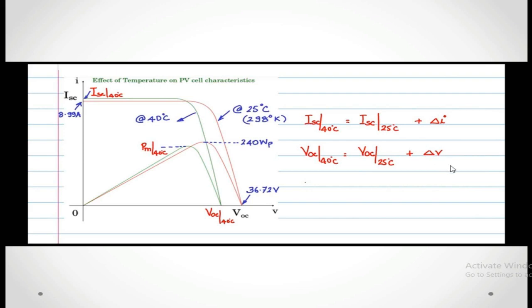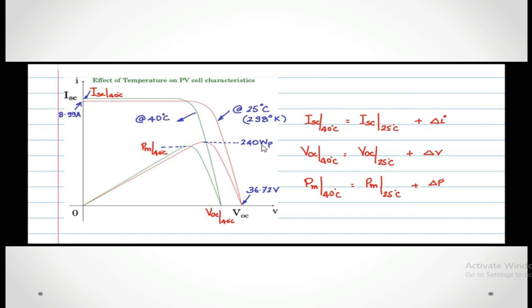Okay. Similarly, the maximum power at 40 degrees centigrade capable of being delivered by the PV cell is maximum power at 25 degrees centigrade plus delta P, which is also a negative value. Maximum power at 40 degrees centigrade is less compared to this 240 watts. So we are going to get a value less than 240 watts for maximum power at 40 degrees centigrade.